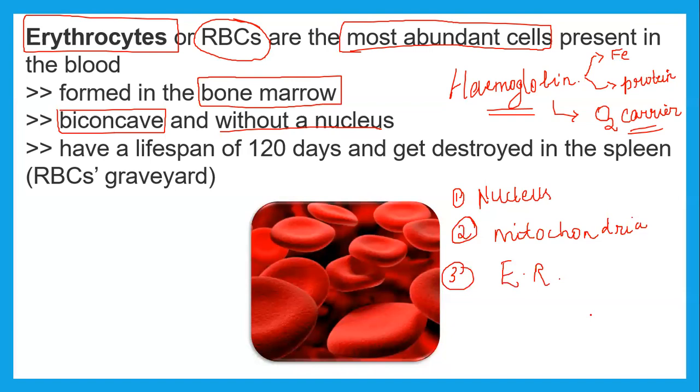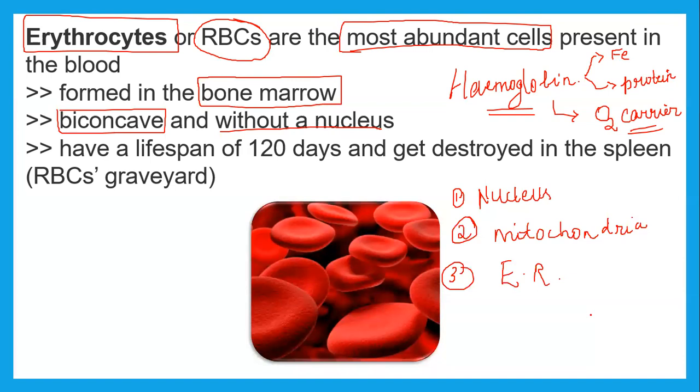So what is the advantage of the absence of endoplasmic reticulum to these erythrocytes? With the absence of endoplasmic reticulum, the RBCs become flexible. That is, they can pass through even the minute capillaries.